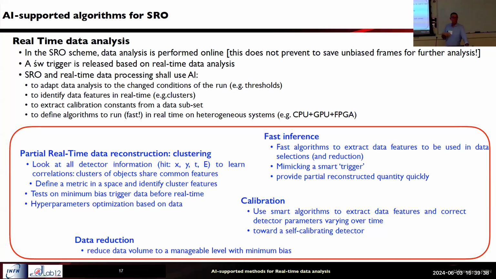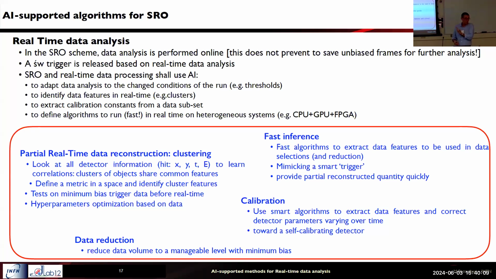Or you can also define algorithms, again taking advantage of all the libraries developed for other purposes: programming in Python, using Keras, using PyTorch, whatever. It is the significant work that people did for other reasons, and you can take advantage of it to work on CPUs, on GPUs, on FPGAs. Again, it's not impossible to do that in real time with the trigger configuration, but it's much, much harder.